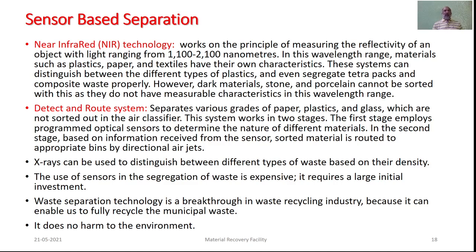Also, it could have a small life. It is a costly affair, but it facilitates achieving the recyclables to the finest level, and the basic advantage is it avoids the occupational hazards which could have been caused to the labor involved in that material separation, and also it does not harm the atmosphere in general.